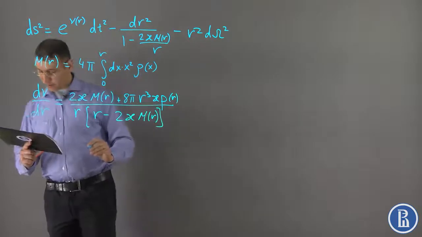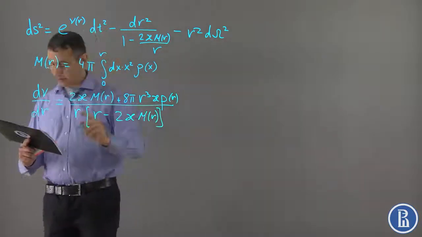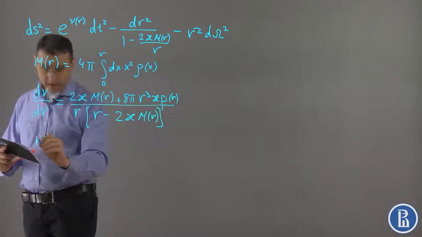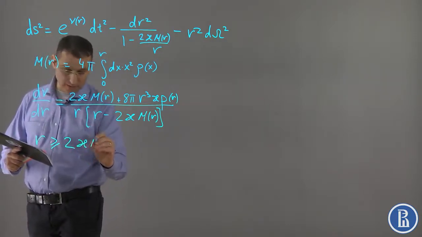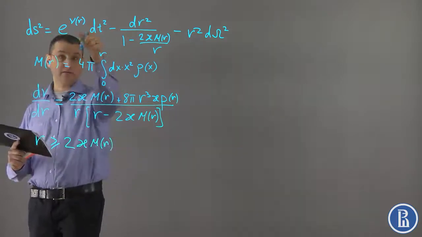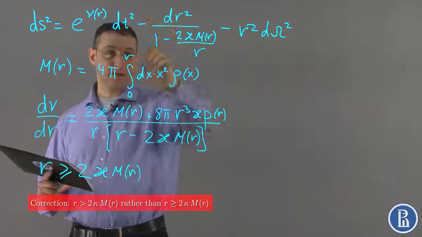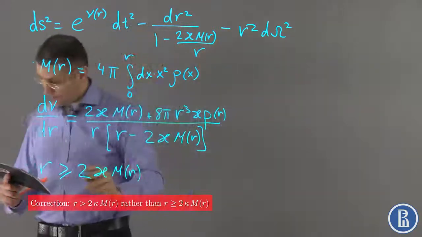And there is also the condition of the stability of this solution, that r is greater than or equal to 2 kappa m of r, so there is no horizon. This guy always has appropriate sign.